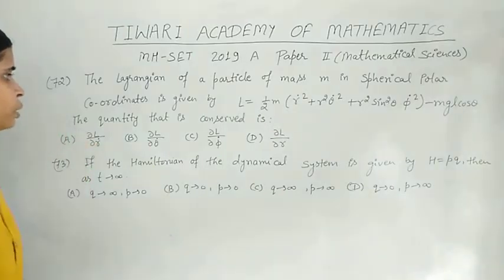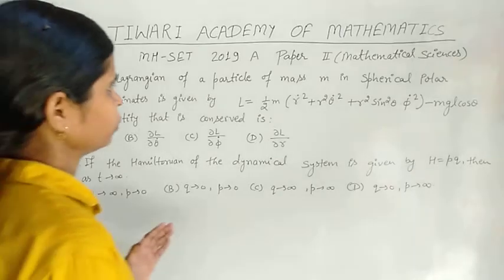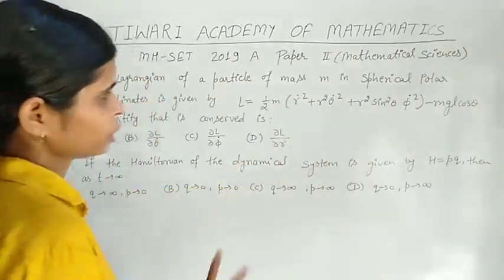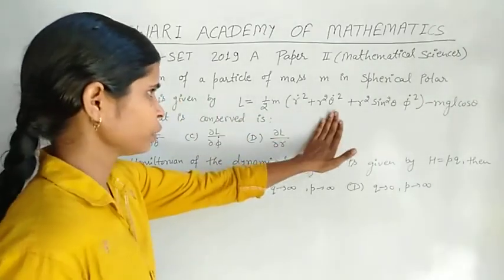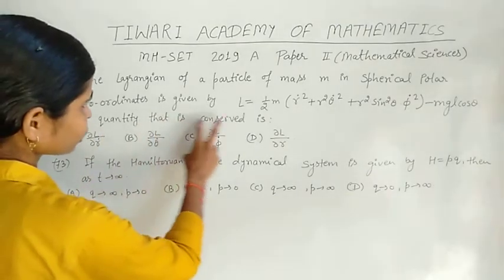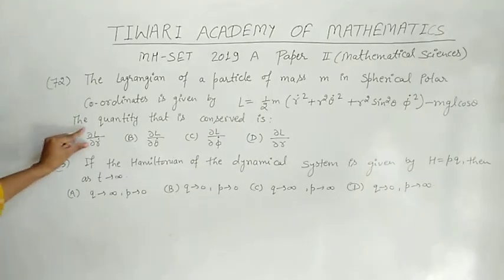The quantity that is conserved in the whole system: option A, ∂L/∂r dot; B, ∂L/∂theta dot; C, ∂L/∂phi dot; option D, ∂L/∂r.